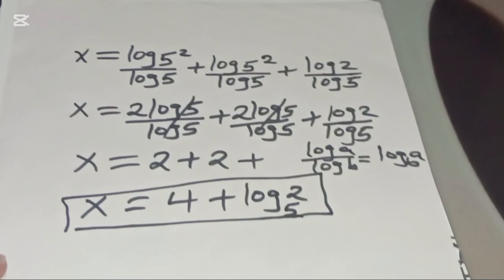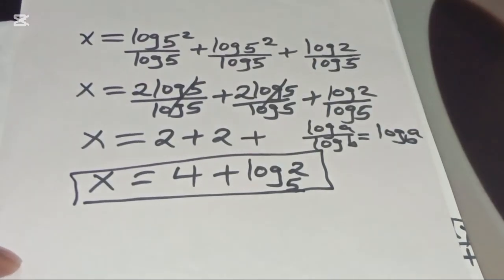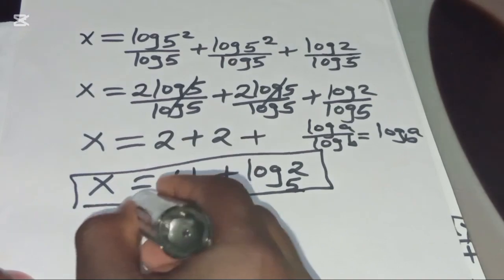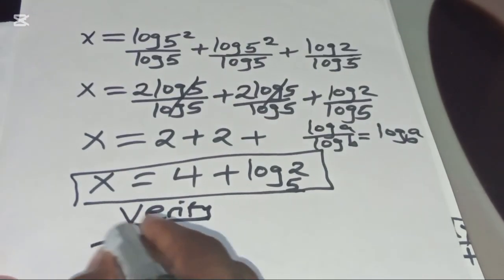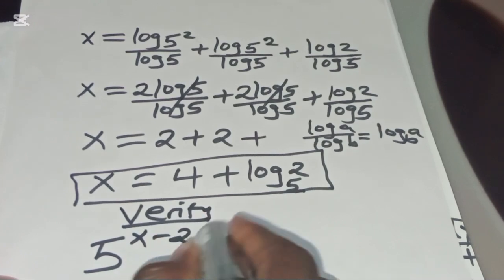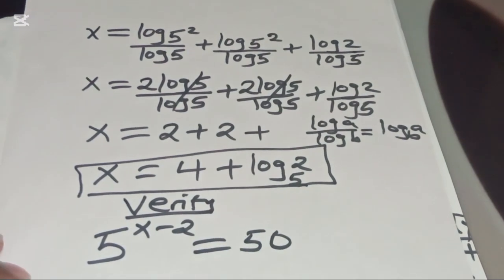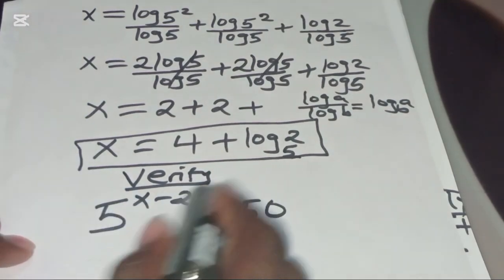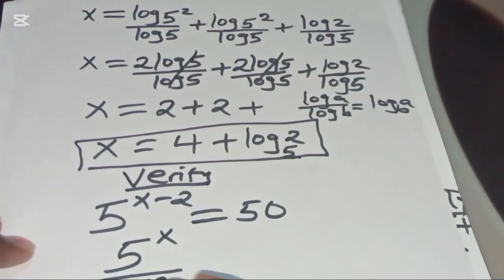So let's verify that this value of x actually satisfies the equation by following these steps. Let's verify quickly. If you recall, we had 5 to power x, subtract 2. This should give us a value of 50. We simplify this further to 5 to power x divided by 5 to power 2.